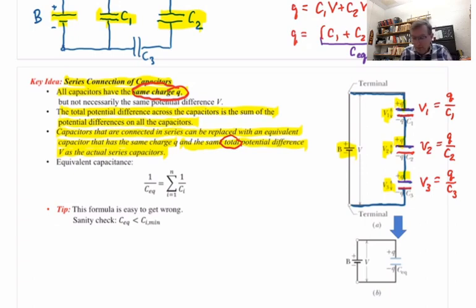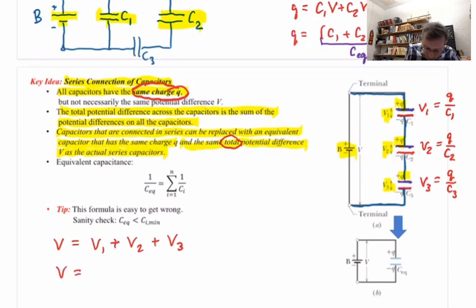Okay? But they have to have the same total V as the battery. So I'll come down here and write that. The V of the battery, I'll write it over here, it's got to equal the sum of the potential drops, potential differences, across each capacitor. So V must equal V1 plus V2 plus V3.